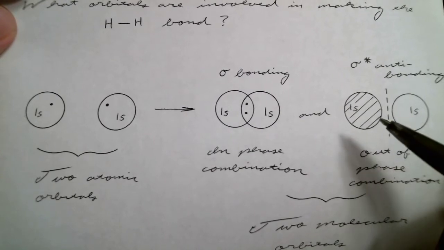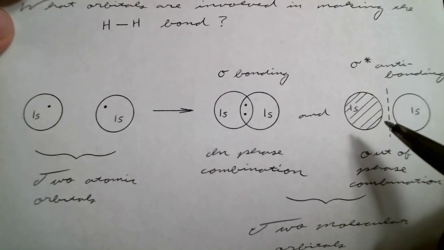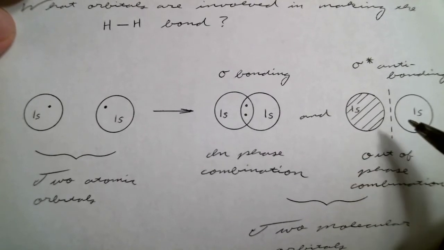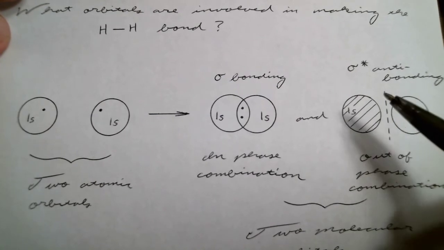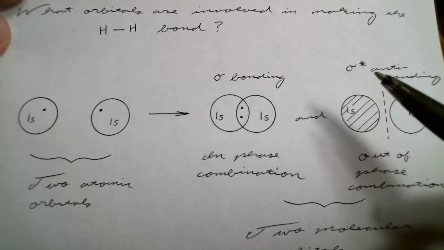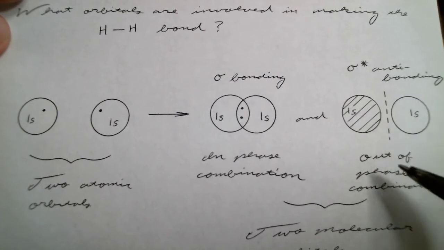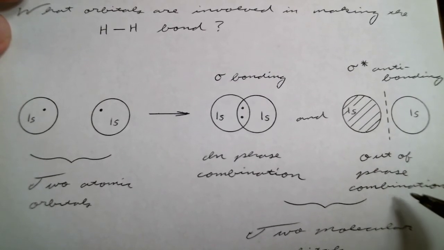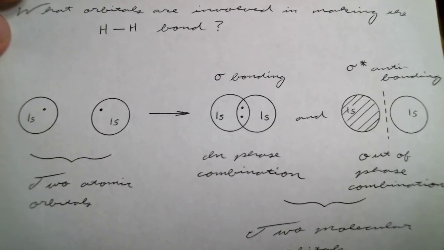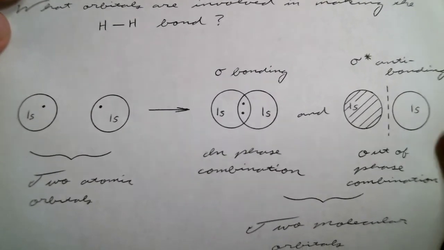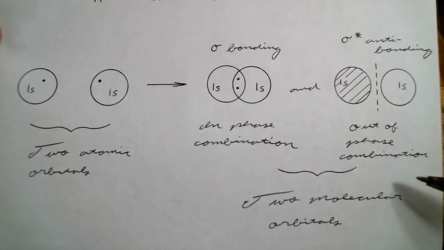But if we try to do that, then when those wave functions come together and try to overlap, the negative sign on one wave function cancels out the positive sign on the other, and so you generate a node. And this is described as the sigma star antibonding molecular orbital. This is an out-of-phase combination of the wave functions that describe the 1s orbitals. So, two atomic orbitals, two molecular orbitals.